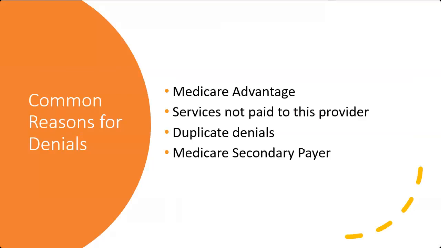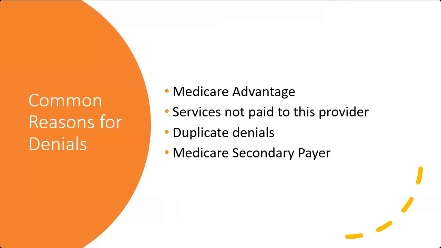The next is duplicate denials. This is where Medicare has received a second claim for the exact same service, same beneficiary, same provider, same procedure code. Before submitting a claim to us a second time, identify the status of that original claim submitted.